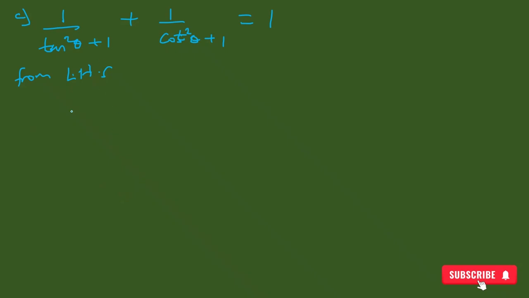You see the left-hand side, which is 1 over tan squared theta plus 1 over cot squared theta plus 1 is equal to, how best can we simplify this? Using the three identities we looked at, there's an identity that relates tan with sec.